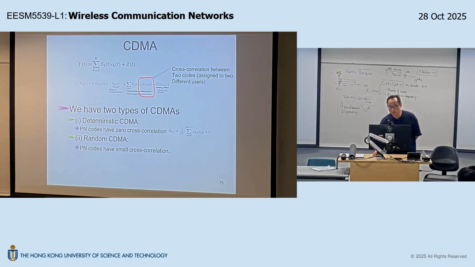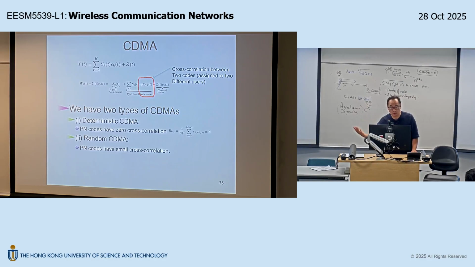Because of small cross-correlation, this term is no longer zero, right? So as more and more users exist in your network, this multi-user interference term due to this summation will build up. So at the end, your capacity limit will be determined by the maximum tolerable interference power of this term.